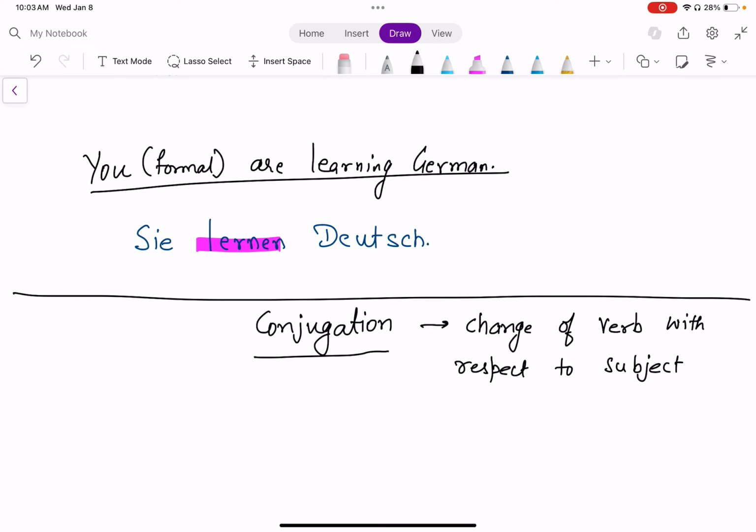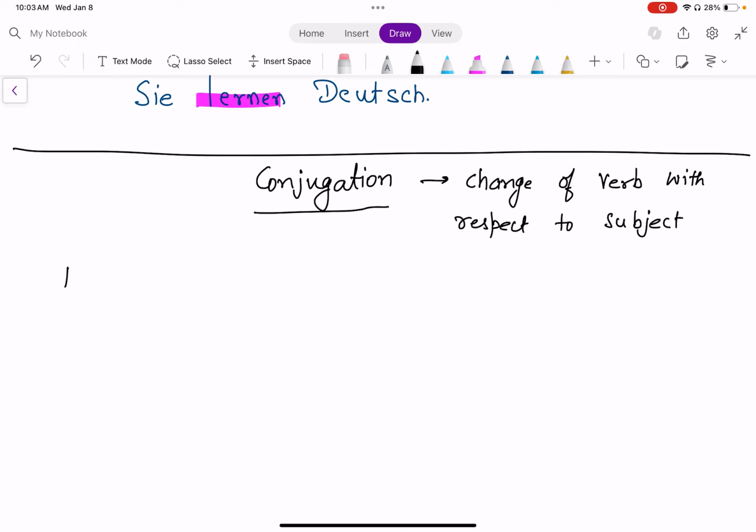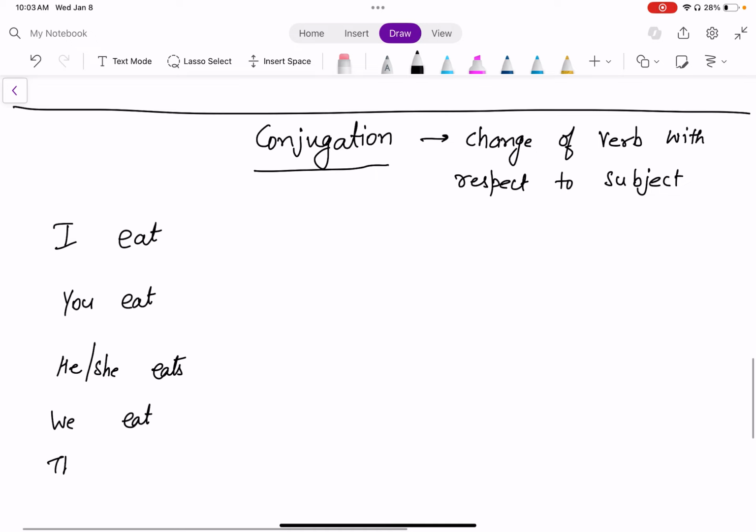Let me give you an example. In English, we say, I eat, you eat, he or she eats, right? We eat, they eat, right? If you'll notice the pattern here, almost the verb is the same.